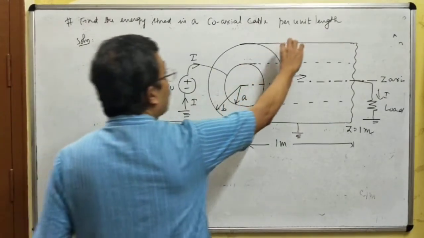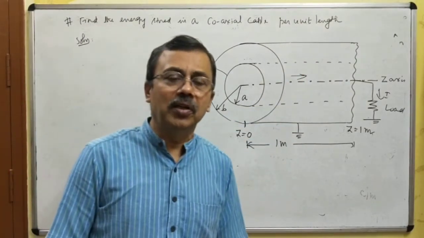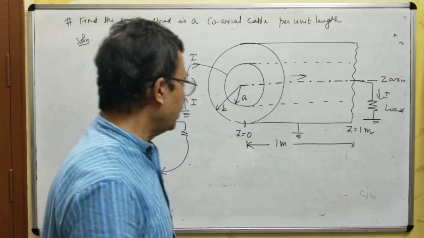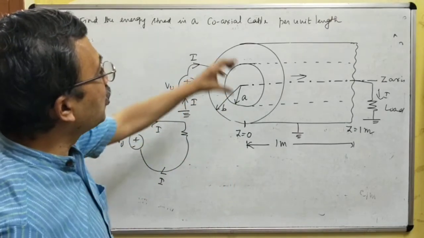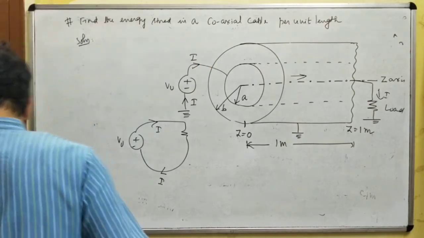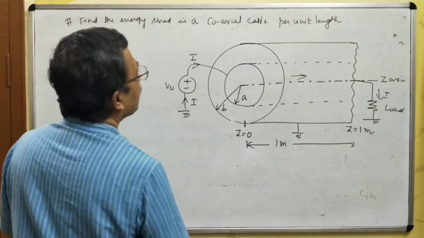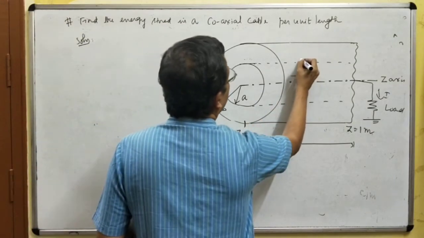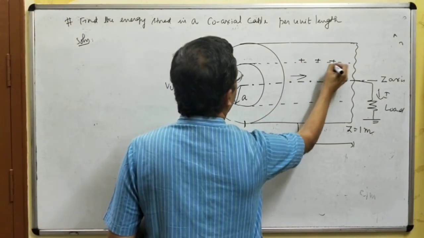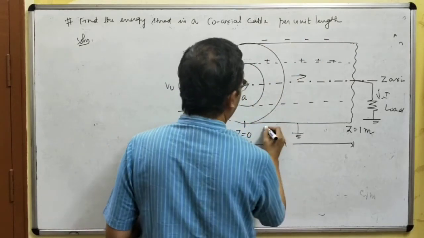The space between the two cylinders, coaxial cylinders, is filled with some dielectric material whose permittivity is epsilon. There is some insulating material between the two coaxial cylinders. The inner cylinder is positively charged, the outer cylinder is negatively charged.